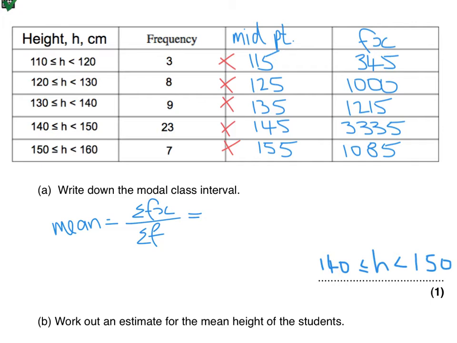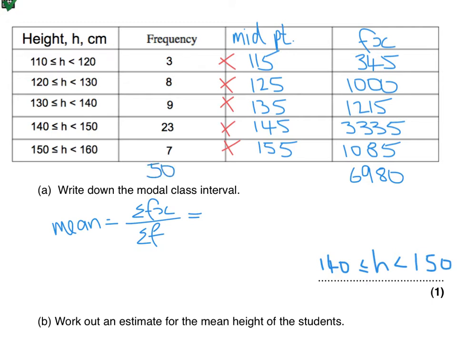That gives me an answer of 6980. And I divide it by the sum of the frequency, this column added up: 3 plus 8 plus 9 plus 23 plus 7. That gives me a value of 50.